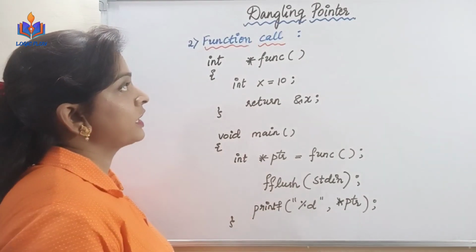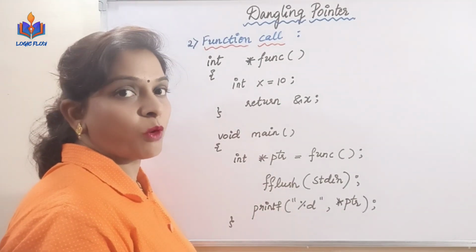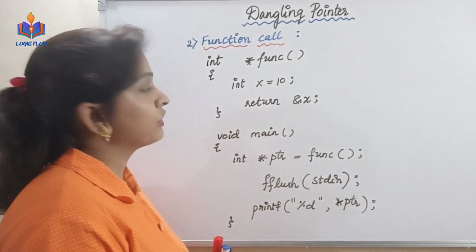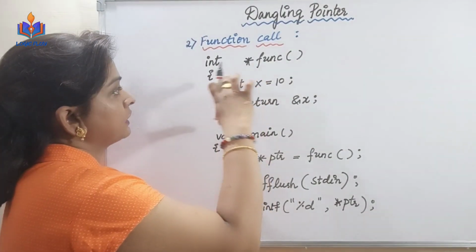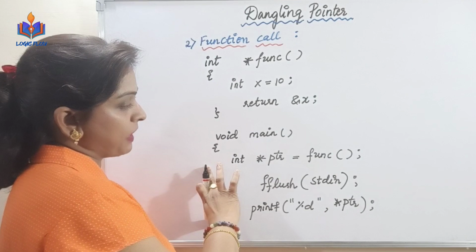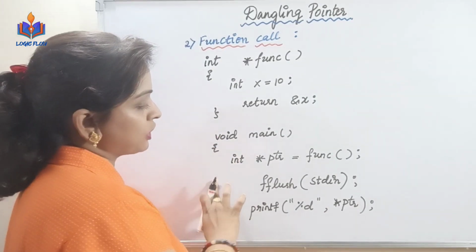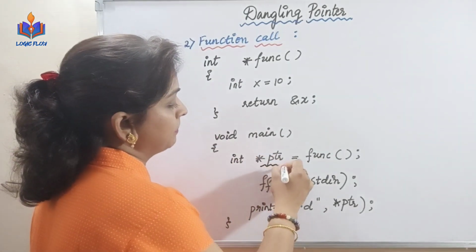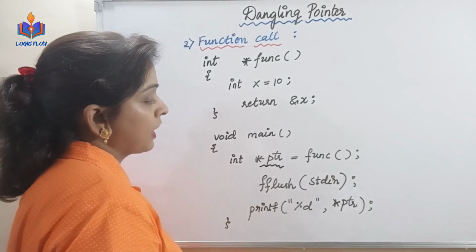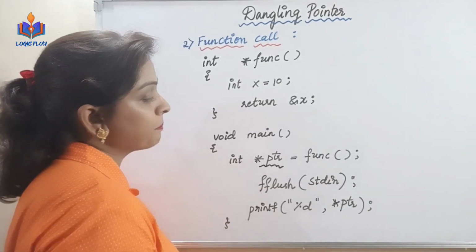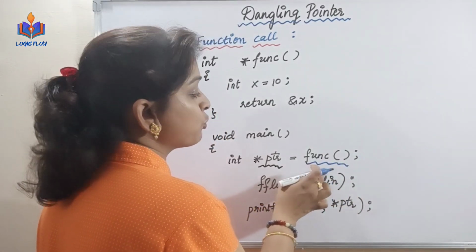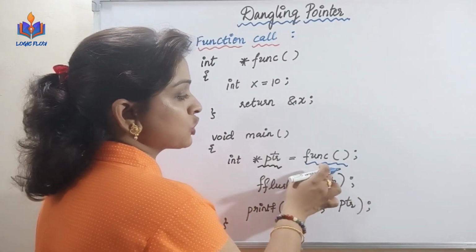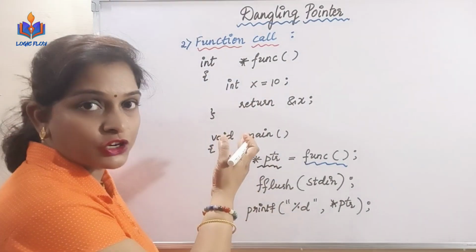Let us understand how this dangling pointer will behave in a function call. You have the function definition, and this is the main function. Inside the main function, we have a pointer variable ptr, and I am saying asterisk ptr equal to a function call. The name of the function is func. As soon as the function call is encountered, the control goes to the function definition.